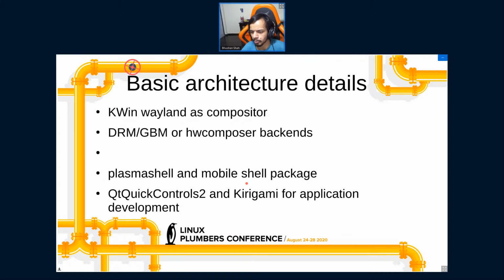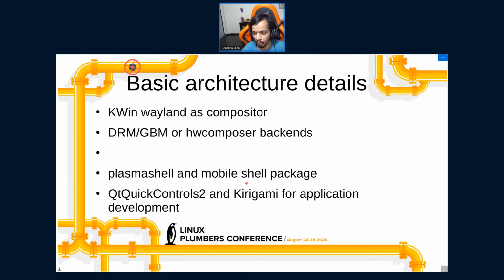We have this Plasma shell, which is basically a user interface loader or the main user interface part, and it can load various shell packages you can replace or run with.